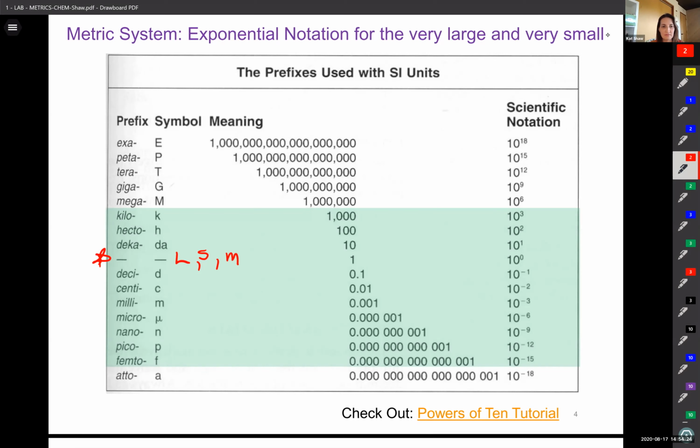From here to here, where we go from kilo to femto. Those are the orders of magnitude that are important for physiological systems for the most part. And that's what we're going to focus on, being able to convert back and forth within the metric system all the way from kilo to femto.